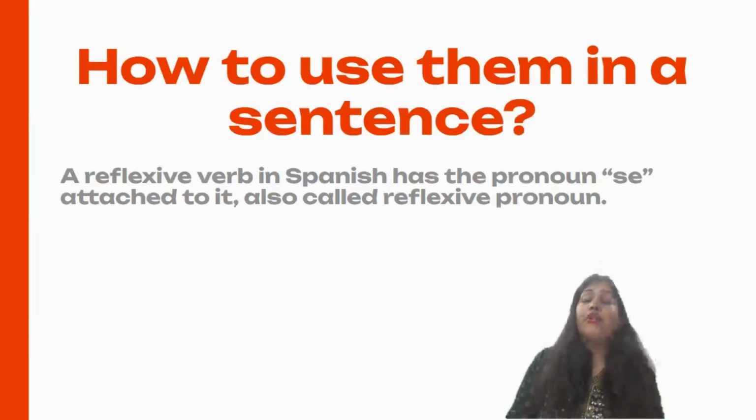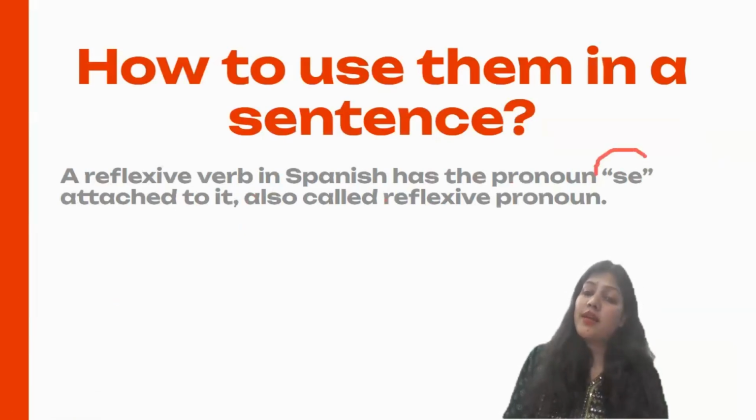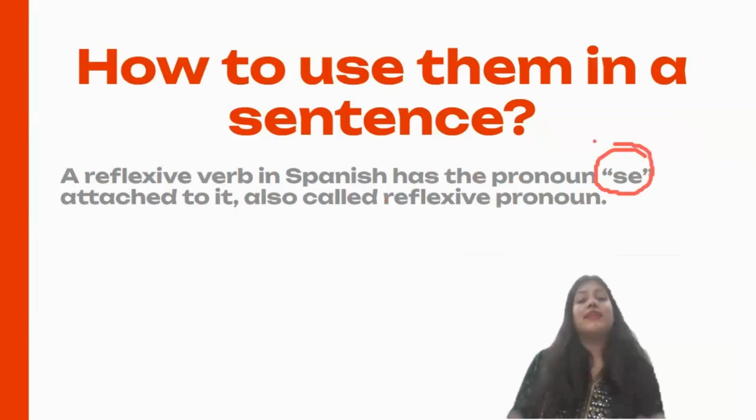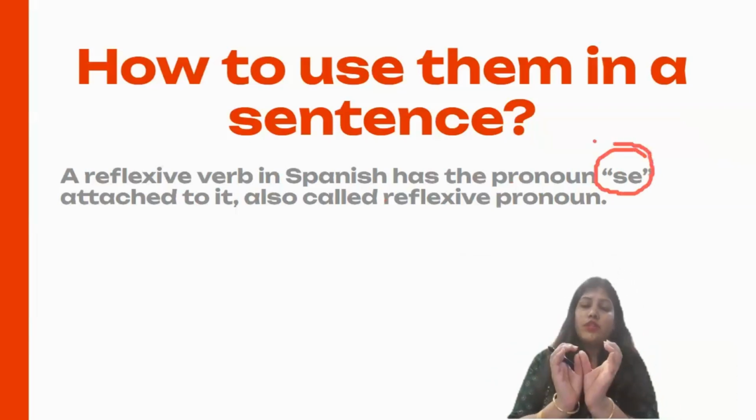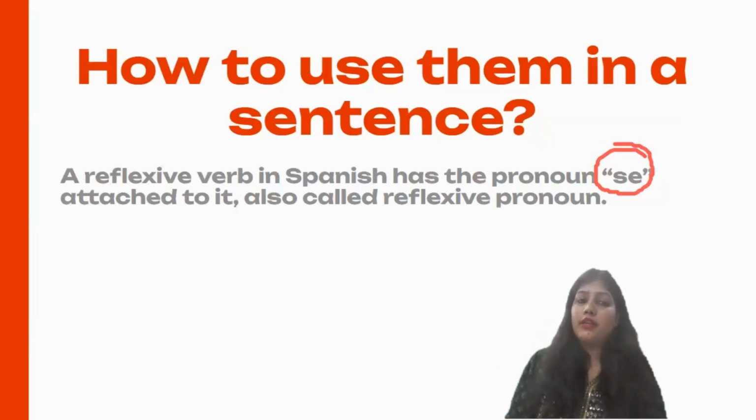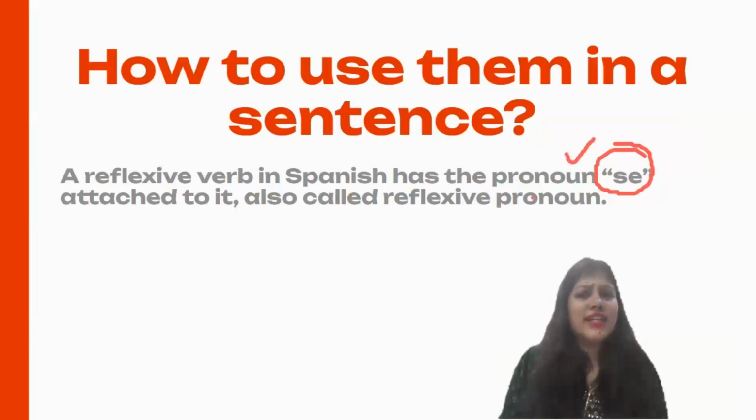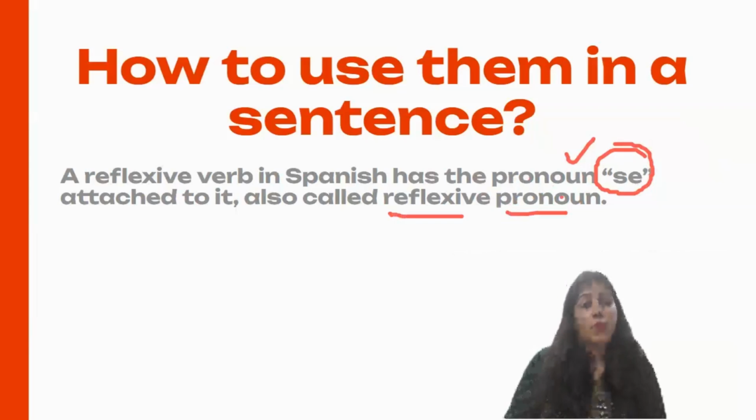Now, how to use these reflexive verbs in a sentence? 1. We have to understand that a reflexive verb in Spanish always has a pronoun, se, attached, either towards the end of the verb or we put it in the beginning. So you will always find the pronoun se, and that is why what do we call this pronoun, children? A reflexive pronoun.